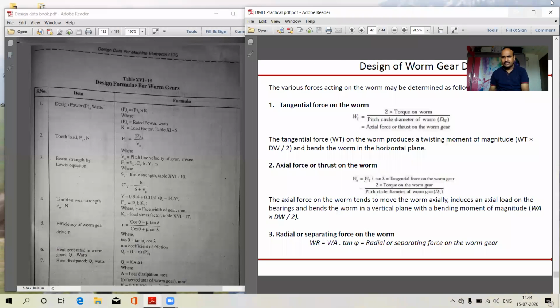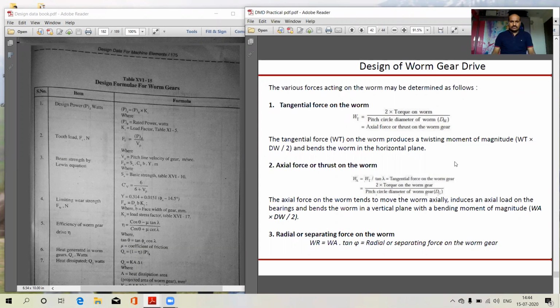Yes, it's fine now. So design of worm gear. Directly on the right hand side, you can see a PPT, and on the left hand side you have a PDF of our design data book by Professor Shivalkar.